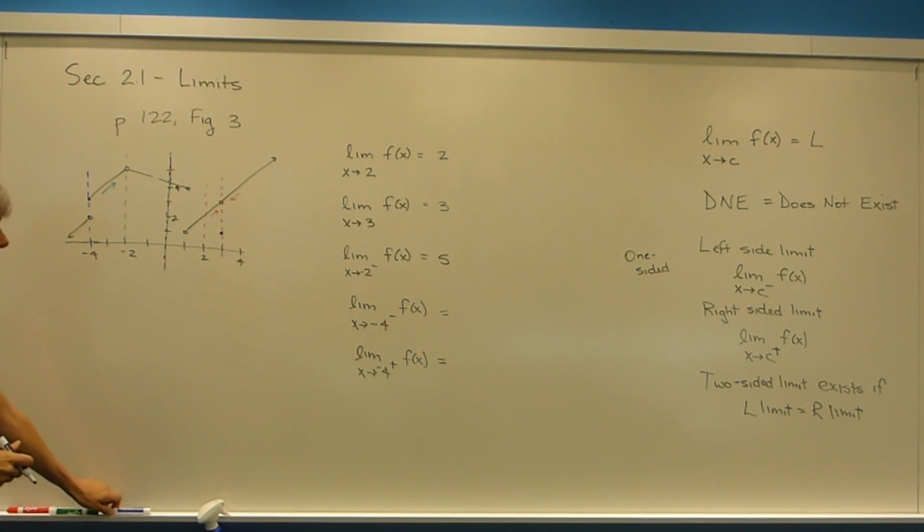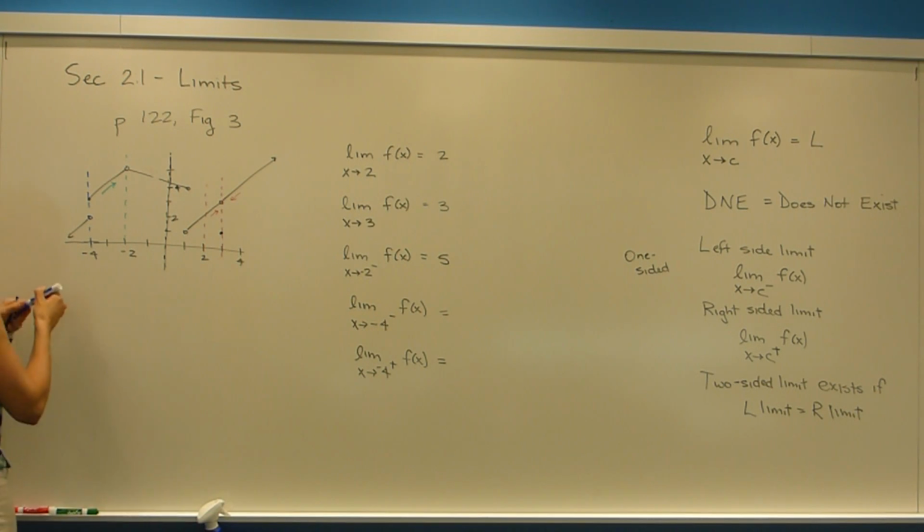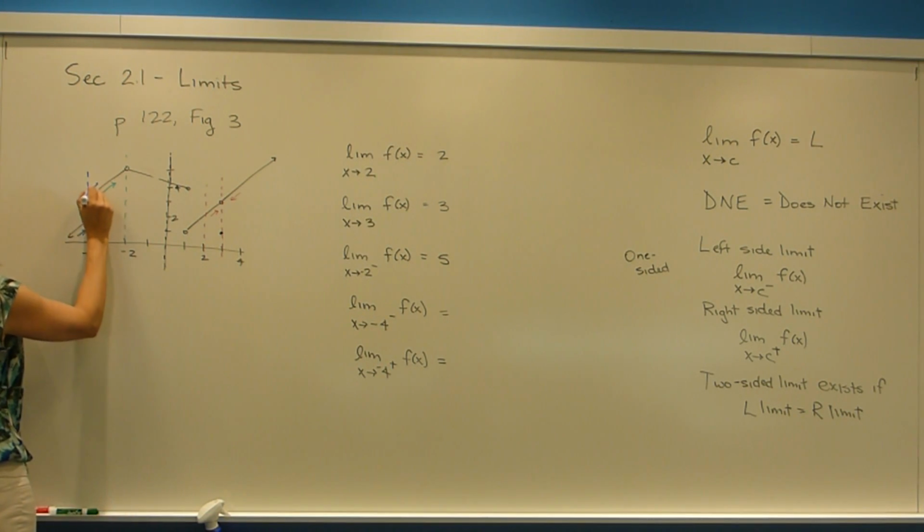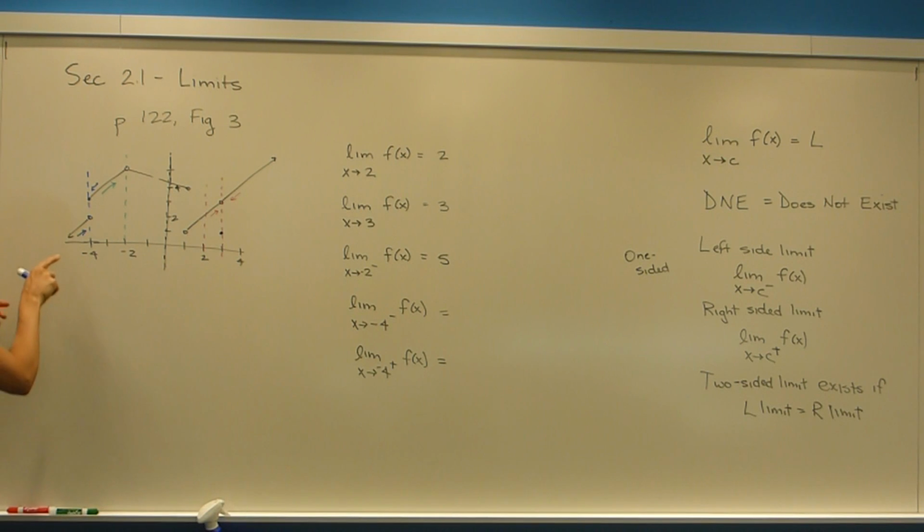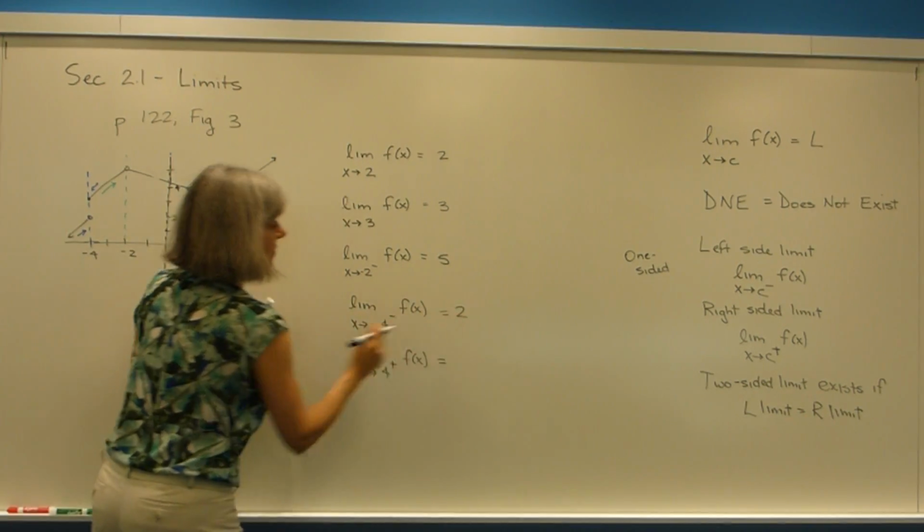Okay, so again, let's look here. We're looking as x approaches -4, so we want to go in this direction and in this direction. So from the left-hand side, as x is approaching -4, this value is supposed to coincide with y equals 2. That's where it's supposed to line up. So as I'm approaching this direction, that right there is 2.